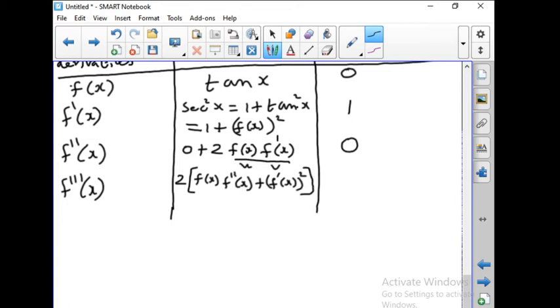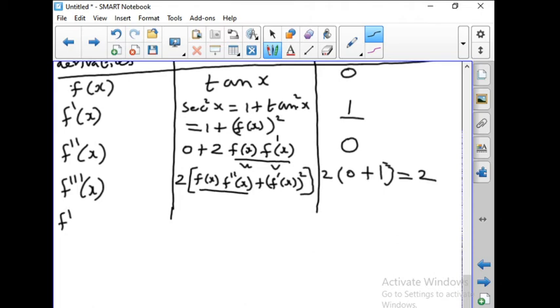Now put 0: f(0), this term becomes 0. So 2 into (0 plus f'(x)...). f'(0) is 1, so this gives 1. So 2 into 1 is equal to 2.